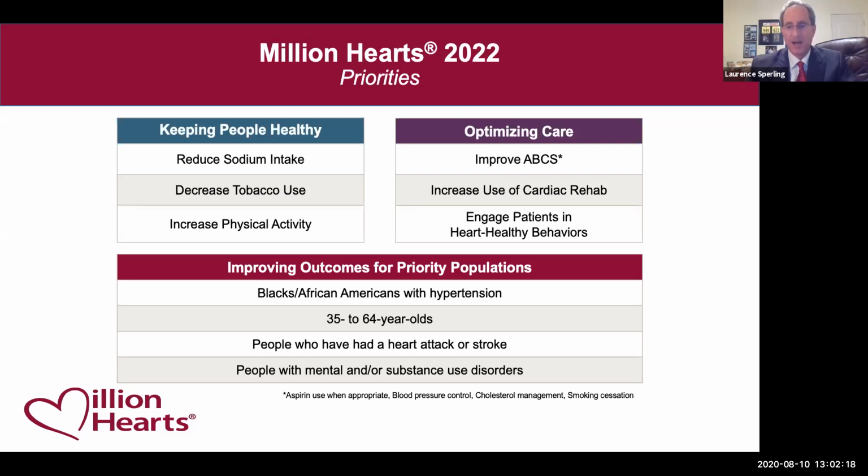There are many priority populations, but in Million Hearts, we are focusing on African Americans with hypertension, the 35 to 64-year-old age group, because of the data I showed you before, where we're seeing increasing trends in mortality related to heart attack and stroke in younger adults, those who are living with heart disease and a prior stroke, and those with mental health or substance use disorders. Next slide.